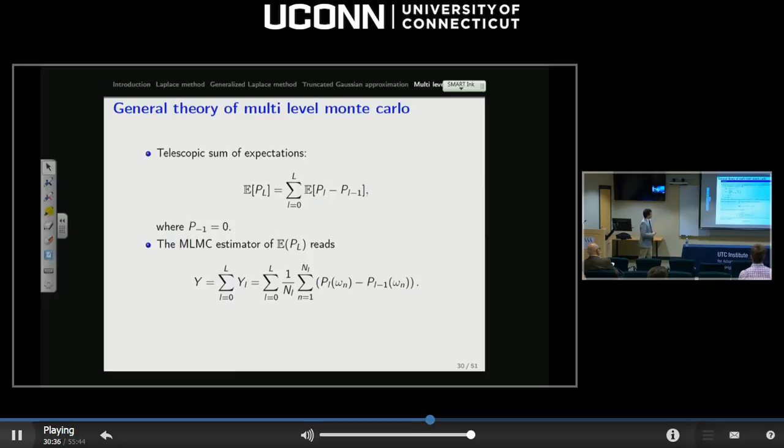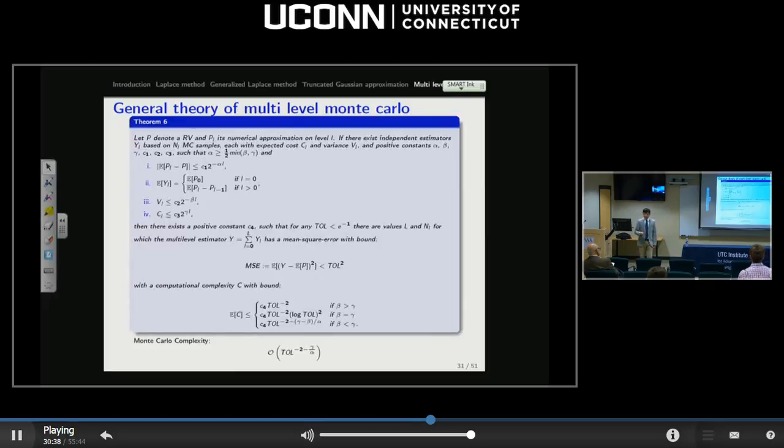And this is the general theorem of multi-level Monte Carlo from Giles. P is the random variable, and P_L is the numerical approximation of the random variable. You can define lots of levels, and as long as you have these bounds for the weak error and strong error.